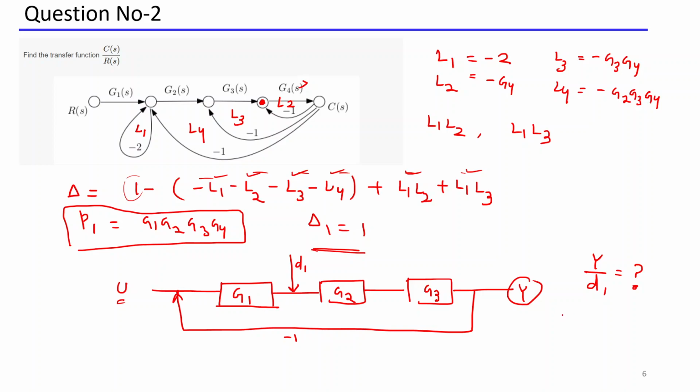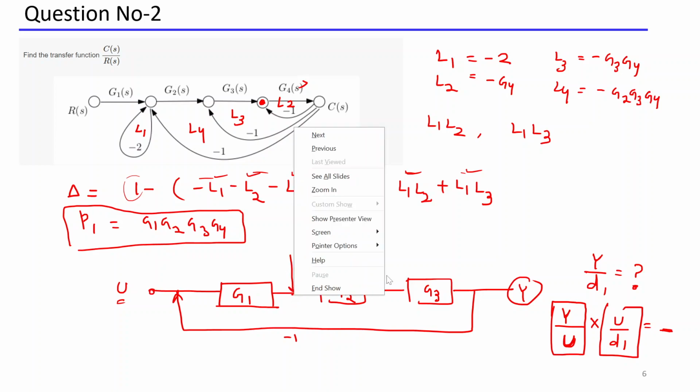Suppose Y by U you know, then to find U by D1, you can also do this product. This is also one method of solving a question. Sometimes finding Y by U is easier for you than finding Y by D directly, and U by D also you can find, where one is input and the other is output.